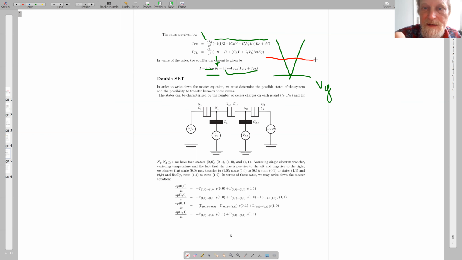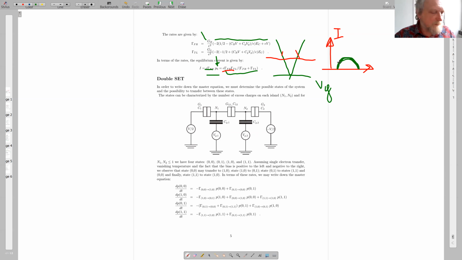So each rate actually goes to zero at each boundary. Which means the current also goes to zero at each boundary. And if we plot now the current along this line, it has to be zero here and here. So the dependence is somehow like this. Good.